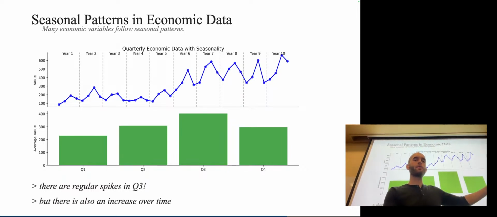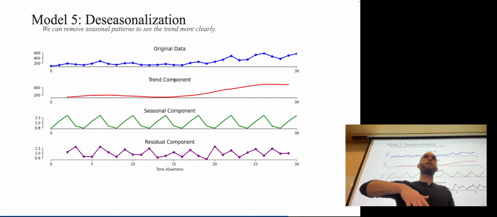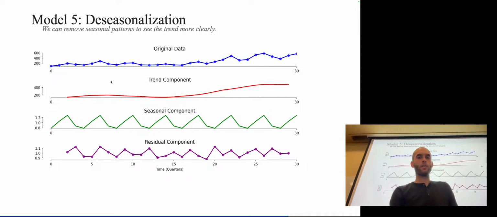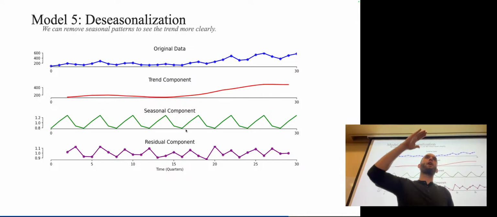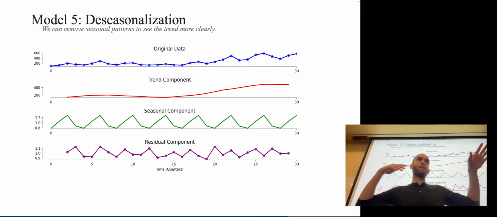So I'm going to switch focus from looking at one variable in time to looking at 2 variables in time. But as we make this transition, I want you to be thinking about the original data, which looks something like this, broken into 3 parts. We have our trend piece, so just how does the baseline in the data look, we have our seasonal component, which are these regular ups and downs simply due to the season and not due to the trend.